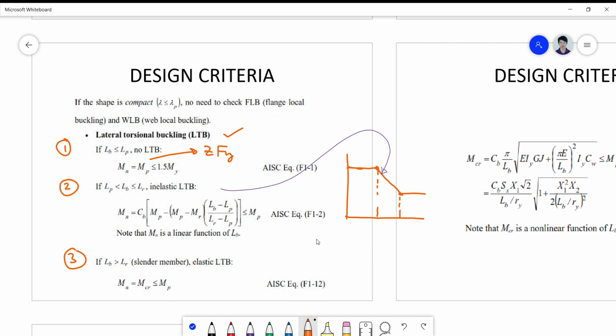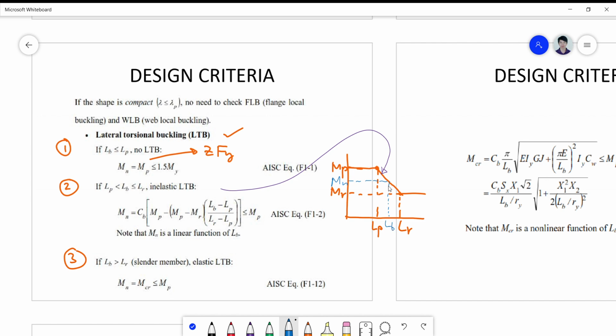Wherein the critical points we are going to use are, of course, your MP here, your MR, LP, LR, and of course your unknown value of MN for a particular LB.